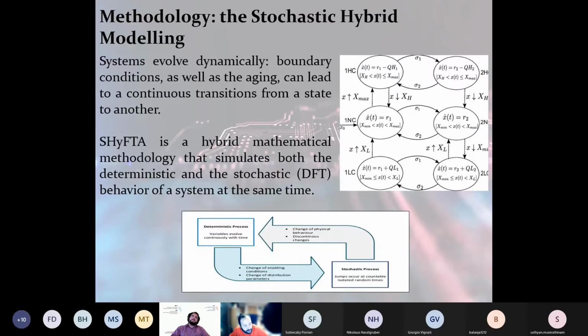Stochastic hybrid fault-tree automaton made a step ahead, creating a combination of stochastic hybrid automaton and dynamic fault tree. This is very useful in the industrial application because it can simplify the models of complex industrial scenarios, and this allows a better investigation of reliability and in general dependability.